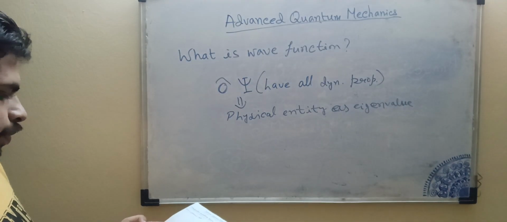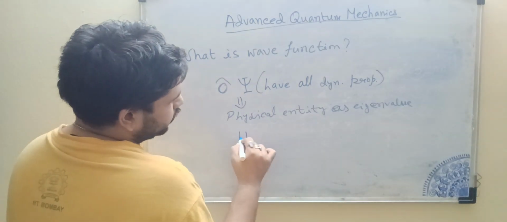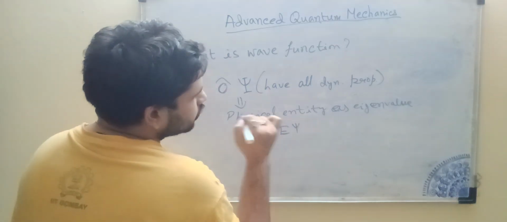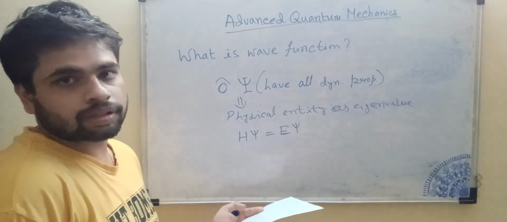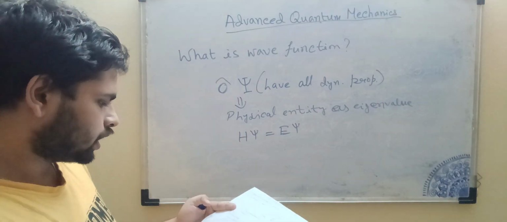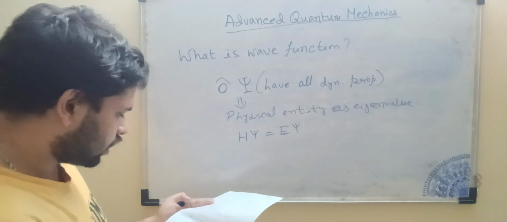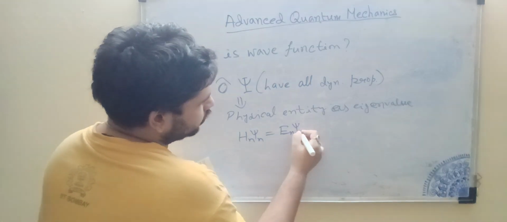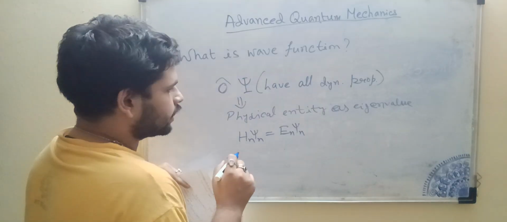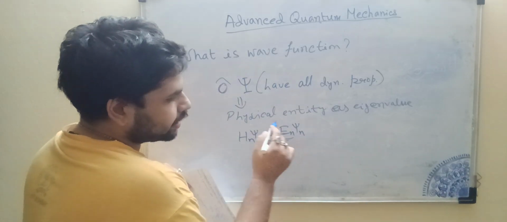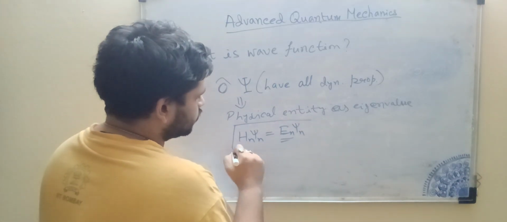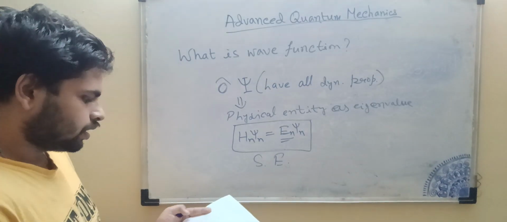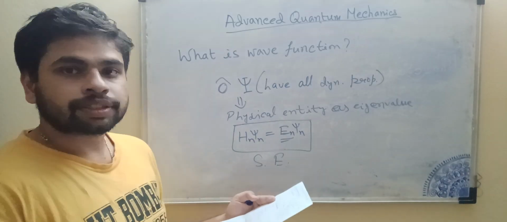So when we operate the Hamiltonian operator on psi, we get the total energy as the eigenvalue of the system with wave function psi. If there are n eigenstates, then the corresponding energies will be n eigenvalues. So this is the required Schrodinger equation, which will be the mother of all the derivations of this perturbation theory.